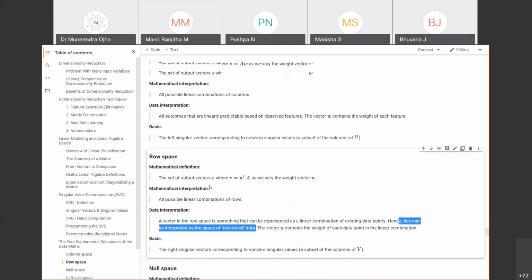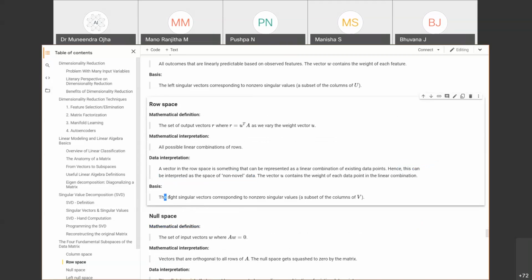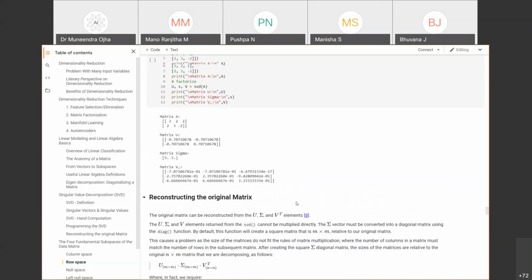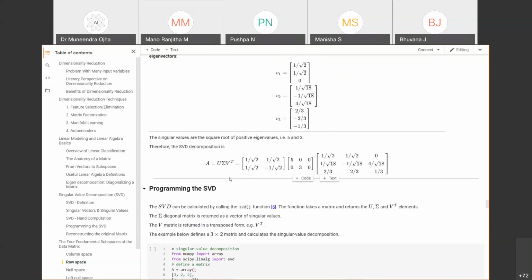So with the column space and row space, what is the basis of the row space? Right singular vectors corresponding to non-zero singular values. So what we are actually getting over here in SVD is that with the column space, I'm talking about all the columns which correspond to non-zero singular values. So it means both of these columns of the matrix U. When I'm talking about row space, I'm talking about all the rows which correspond to non-zero singular values.